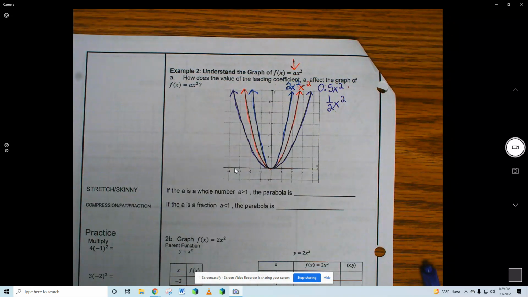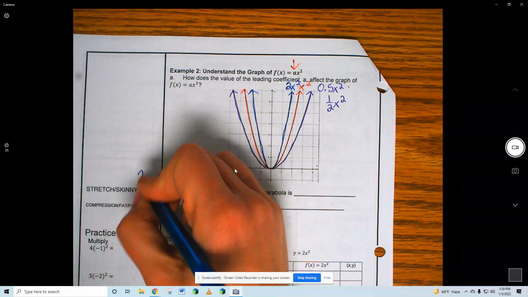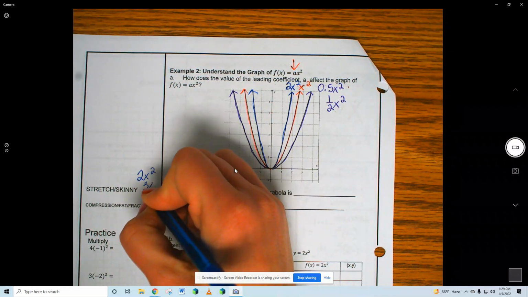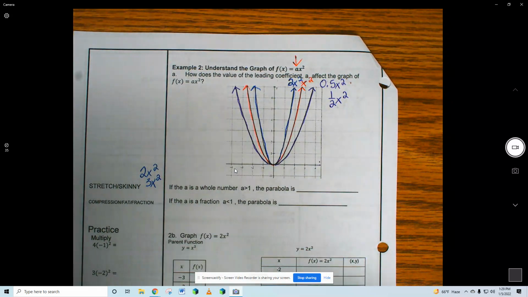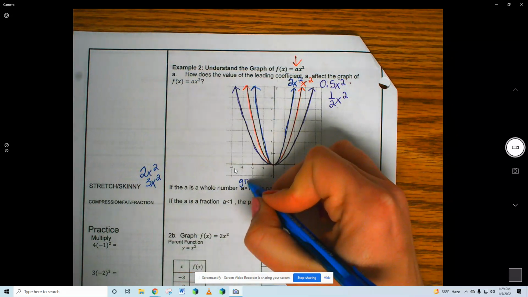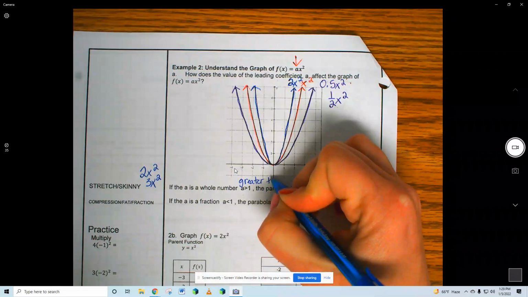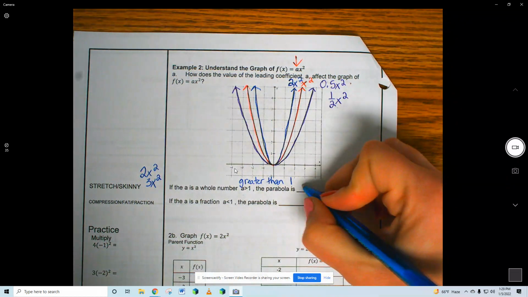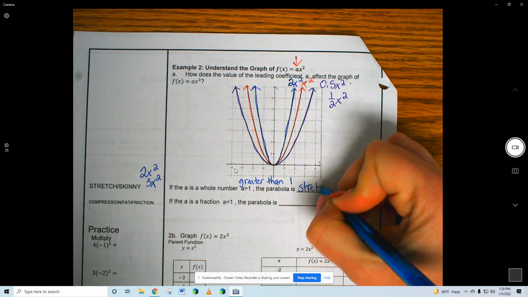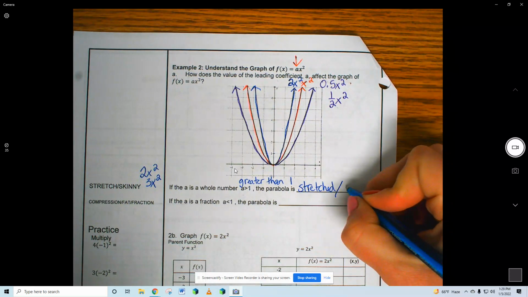A stretch or a skinny is my blue graph. That's like 2x squared, 3x squared. If A is a whole number, A is greater than 1, the parabola is stretched. It's skinnier.